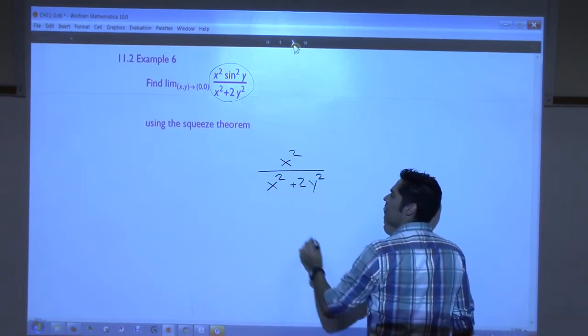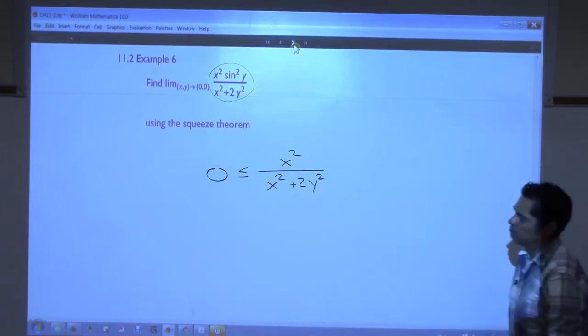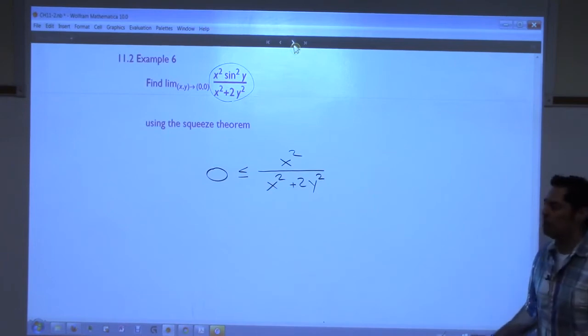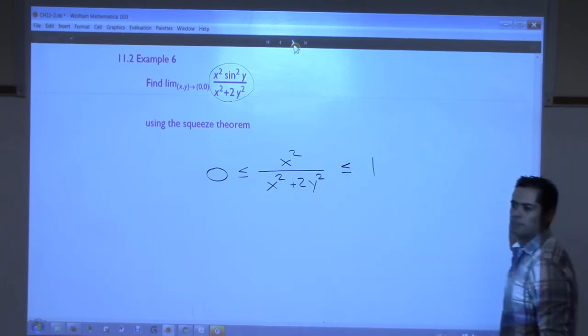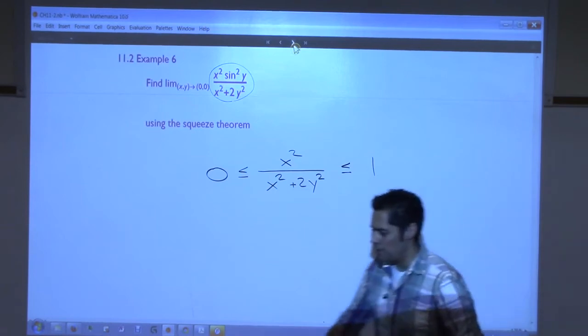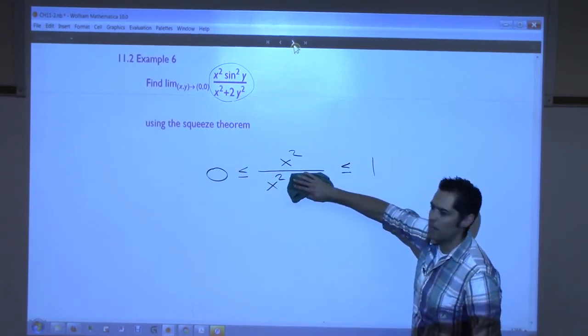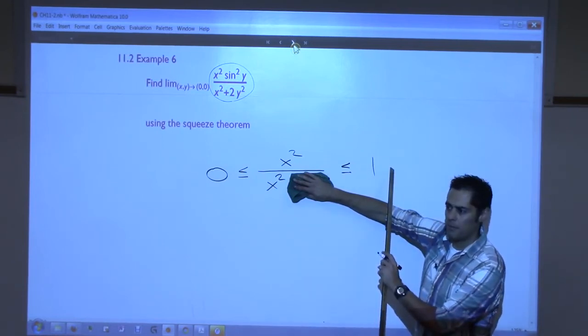Do you agree that that quantity is greater than or equal to 0? Yes? Do you all agree with that? And do you agree that that's also less than or equal to 1? That's a little bit more difficult to understand, maybe. If I cover up this 2y squared, what's x squared over x squared? 1, and then there would be equality, wouldn't there?